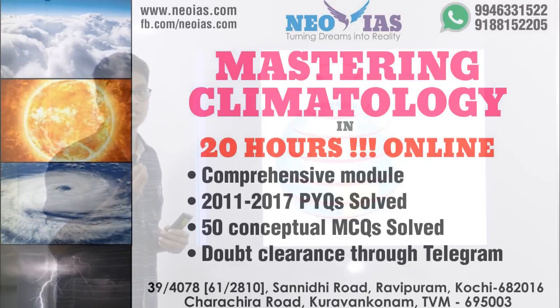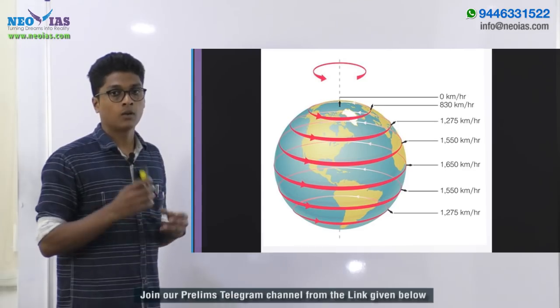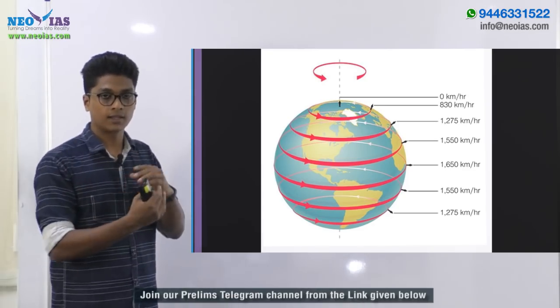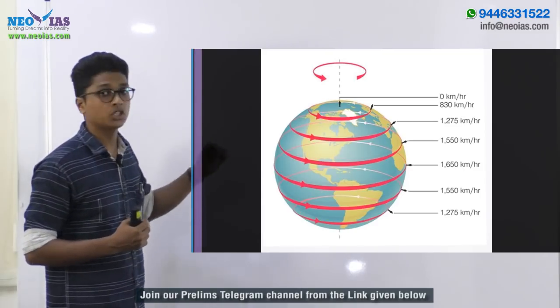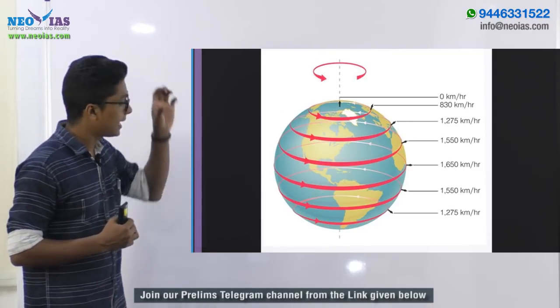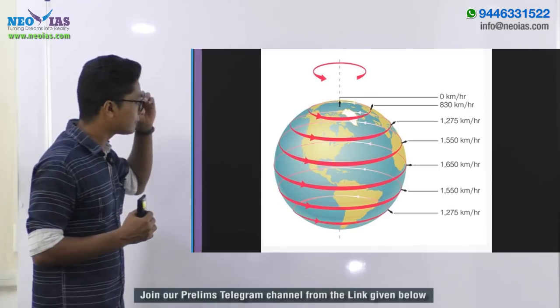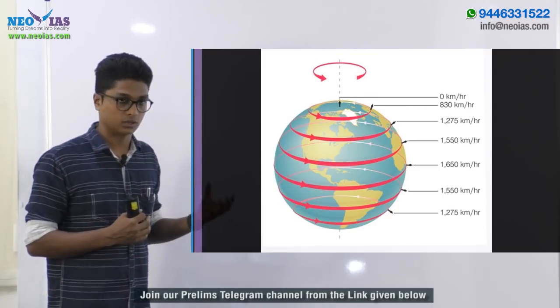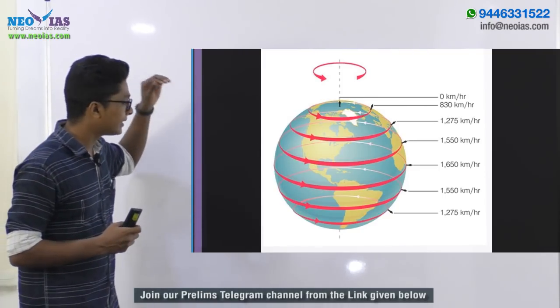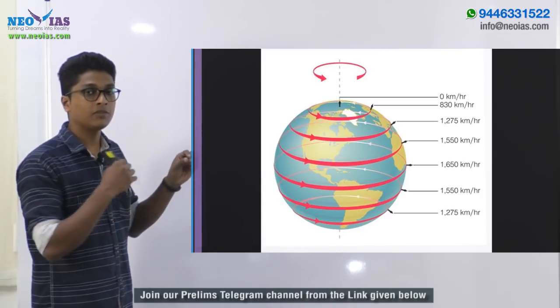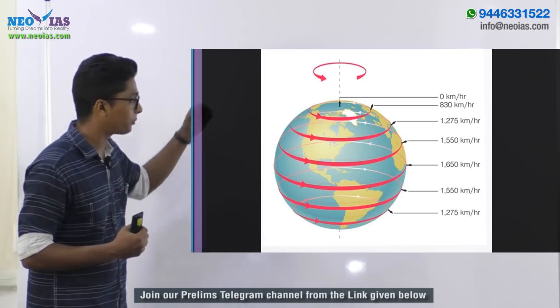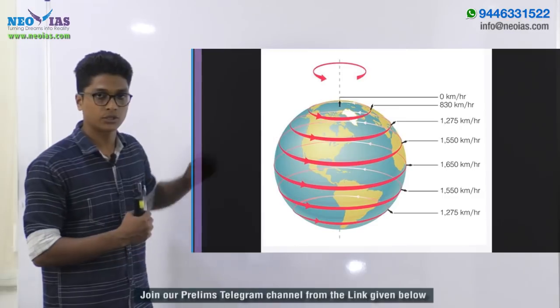The earth has two kinds of movement, one revolution around the sun and the other rotation on its own axis, right? And this rotational effect is felt differently at different latitudes. For example, an object on the equator is traveling with more velocity than another object at a higher latitude, right?